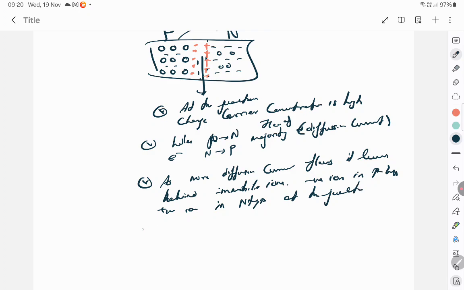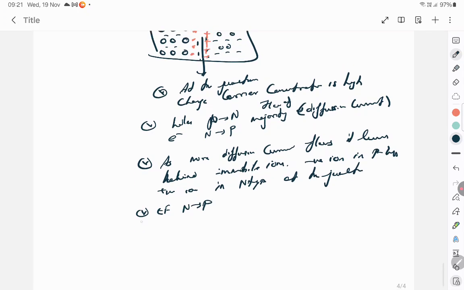This creates an electric field from N type to P type. The more the diffusion current and the more the charges deposited, the more this electric field region widens. It is called the depletion region, which is depleted of charges.